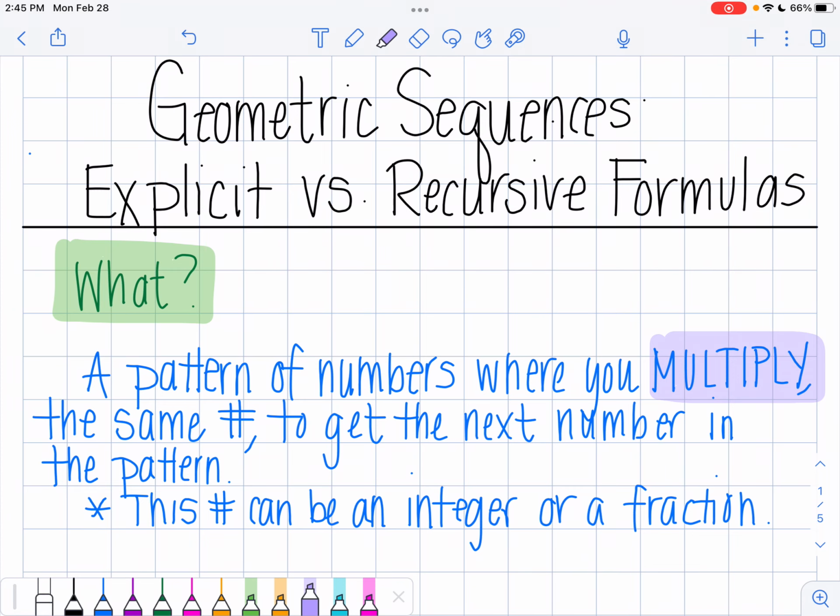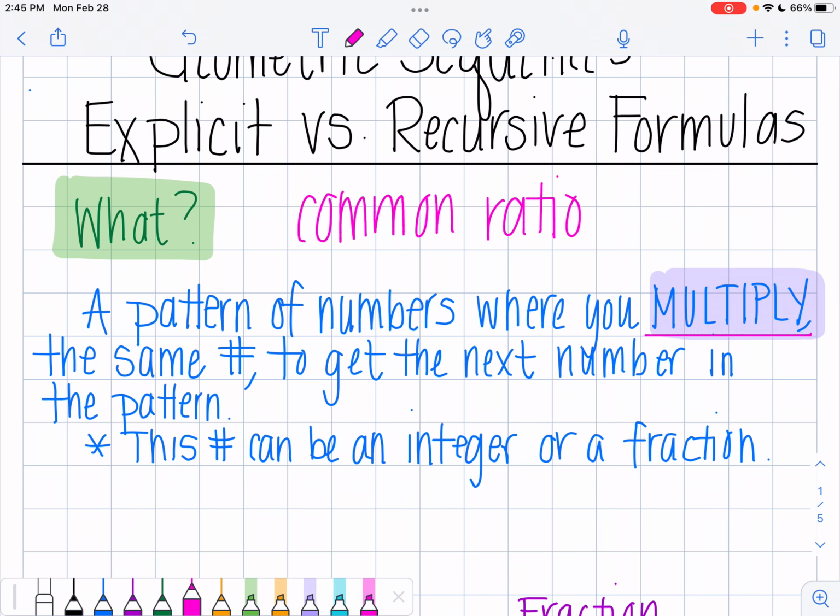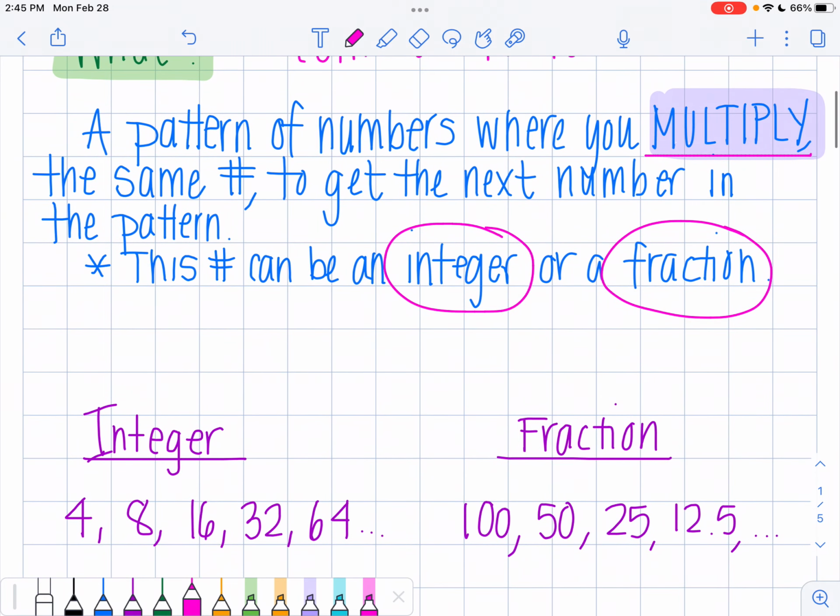And just note that this number that you're multiplying by is called the common ratio, and we call it R. It can be an integer, which is a whole number that's positive or negative, or it can be a fraction. I have an example of each one just to show you how this works.